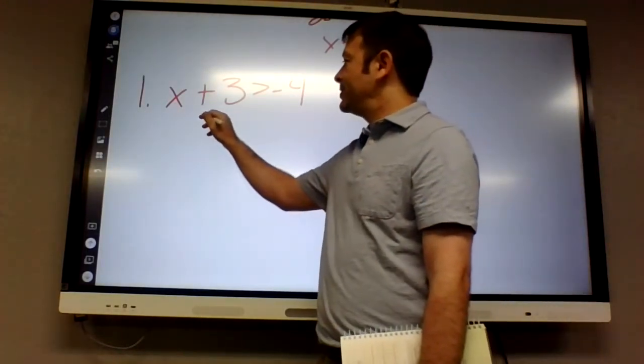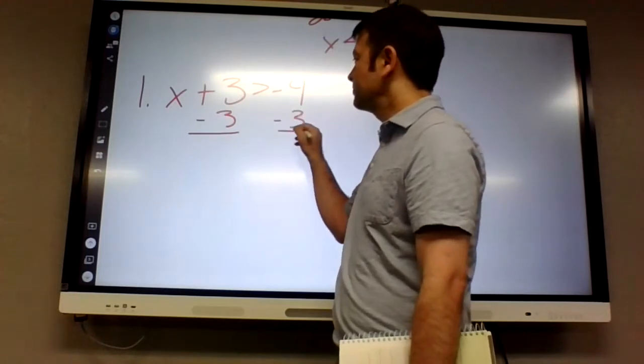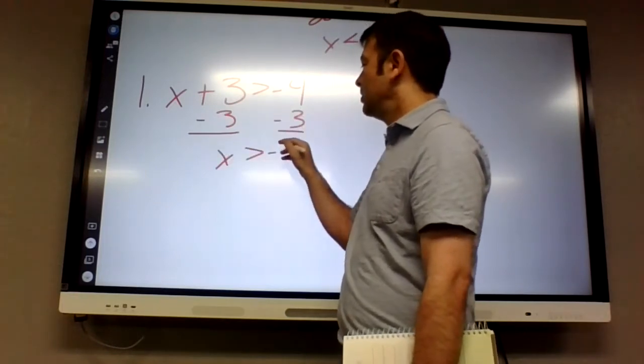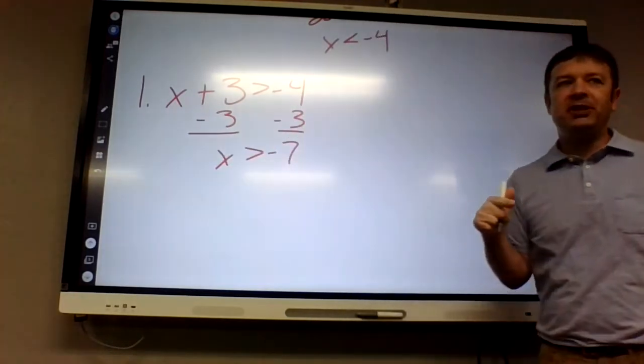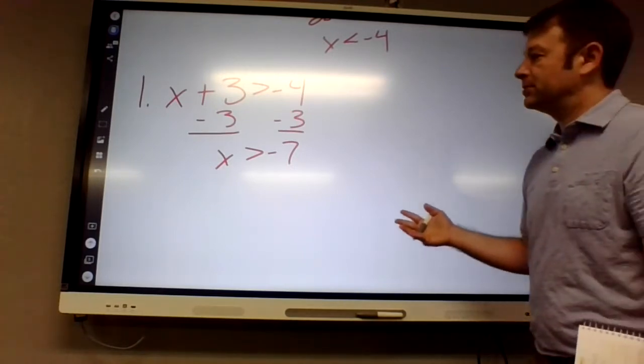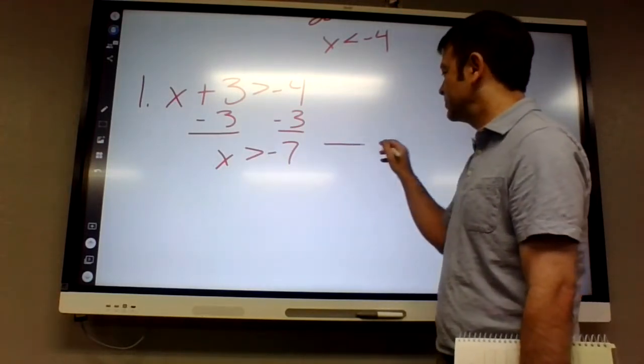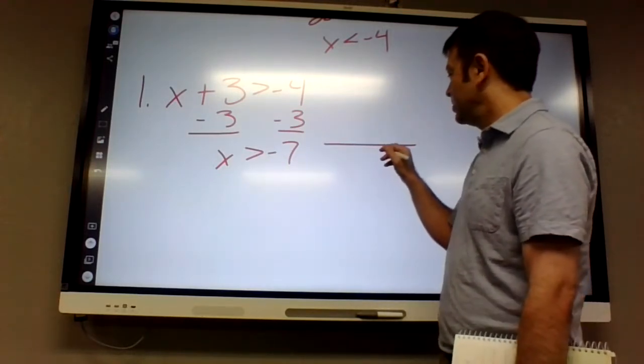So how would I solve this? You subtract 3. If you just put -7, that would actually be the wrong answer, because the actual answers are all the numbers bigger than -7. So if you put an equals here, I'll take a half off, or if you don't put anything.